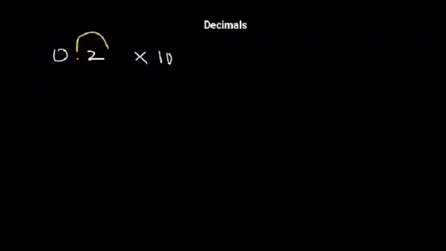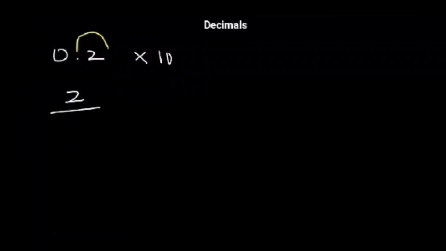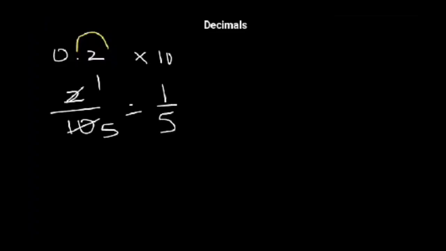So 0.2 multiplied by 10 would give us 2, and then we're going to be dividing by 10. And from this point, all we need to do is simplify. Simplifying, 2 into 2 is 1, and 2 into 10 goes 5 times, so our fraction would be 1/5, and that cannot be simplified any further, hence our answer is 1/5.